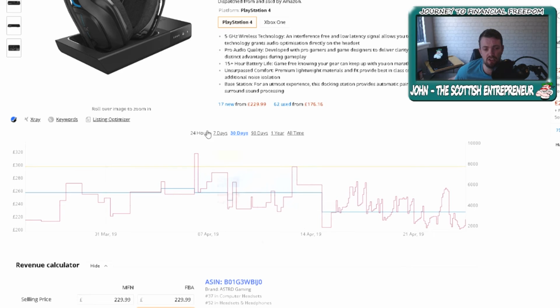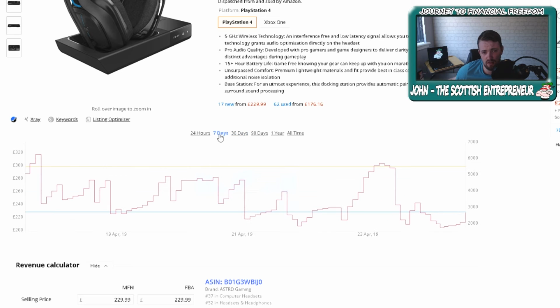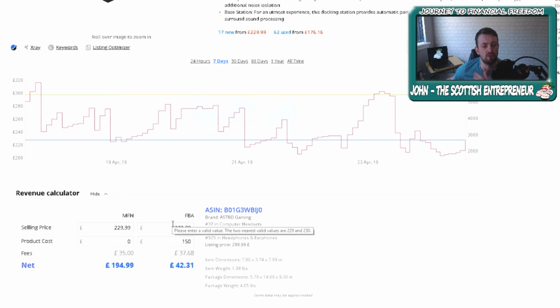And again, you can see here, refined in the last 30 days, this sells several times per month and several times per week, so that again would be a very, very quick seller. This is new, so I would just be matching that new price, and I'll check the profit. I've already filled this in. The selling price would be £229.99 and the cost of product is £150.